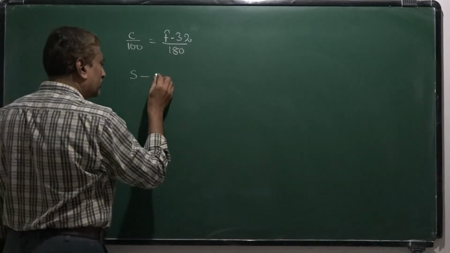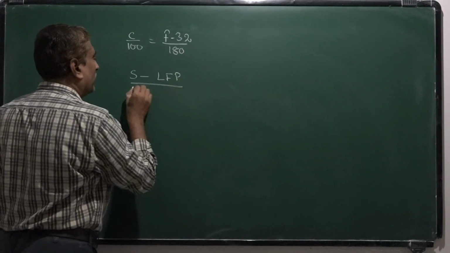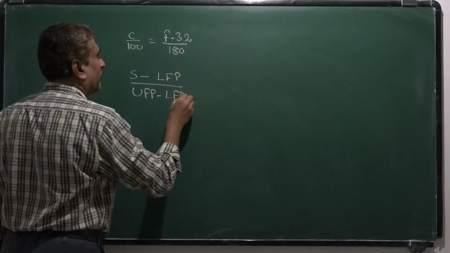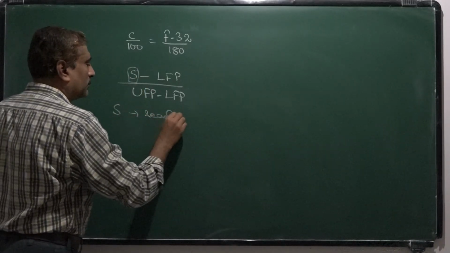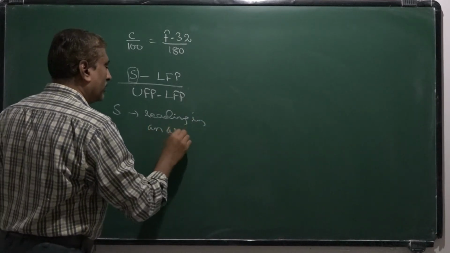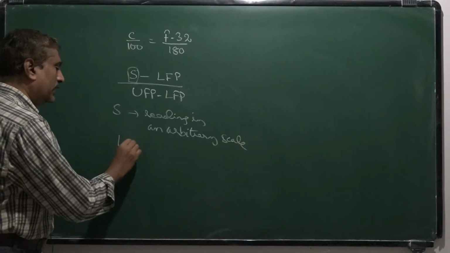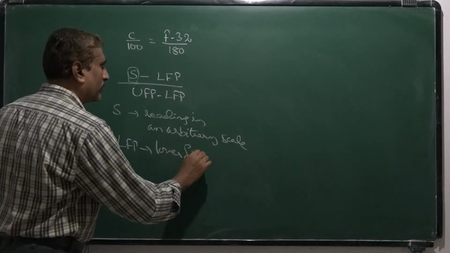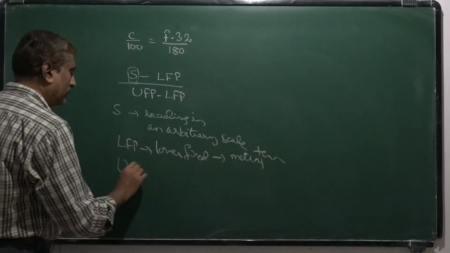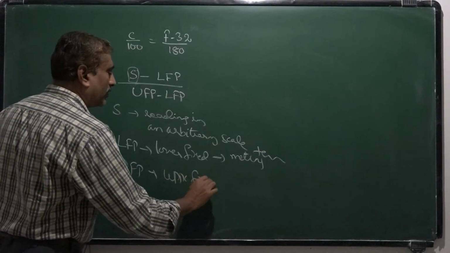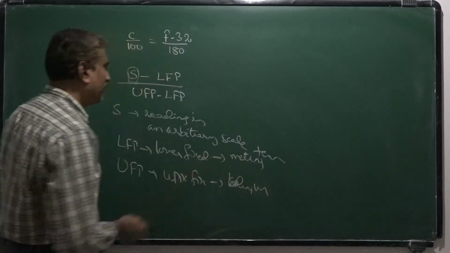Then S minus LFP by UFP minus LFP, where S is the reading in an arbitrary scale of temperature, LFP is the lower fixed point, that is the temperature of melting ice, and UFP is the upper fixed point, which is dry steam or boiling water.